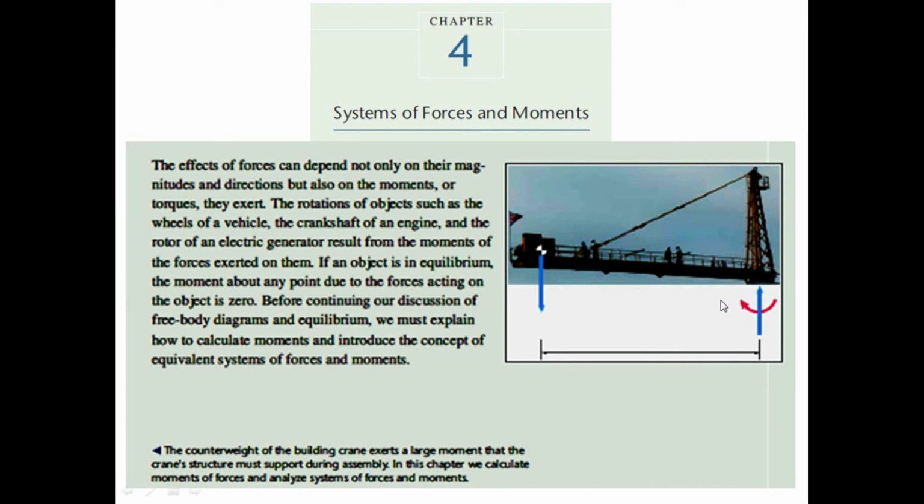Now what about this one? Say this force times perpendicular distance generated a moment of 200 pound feet. This counter moment must also be 200 pound feet, but the anti-clockwise one is taken as positive, and the clockwise one is taken as negative.